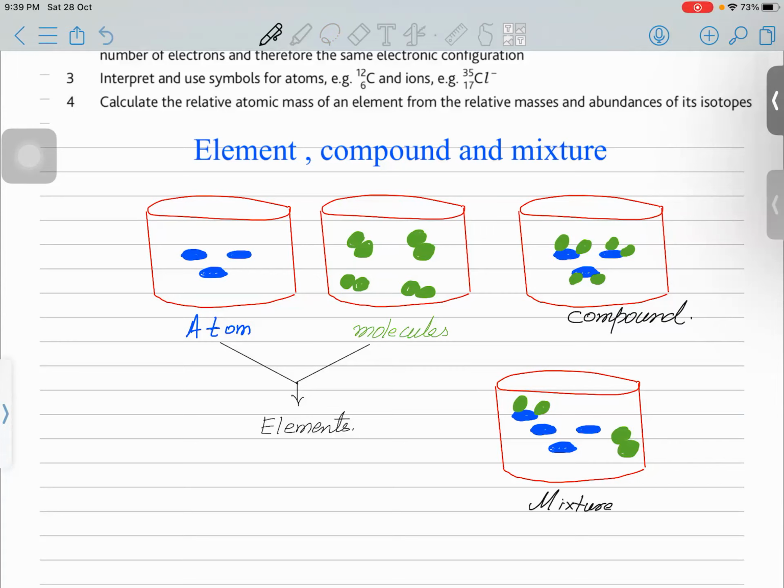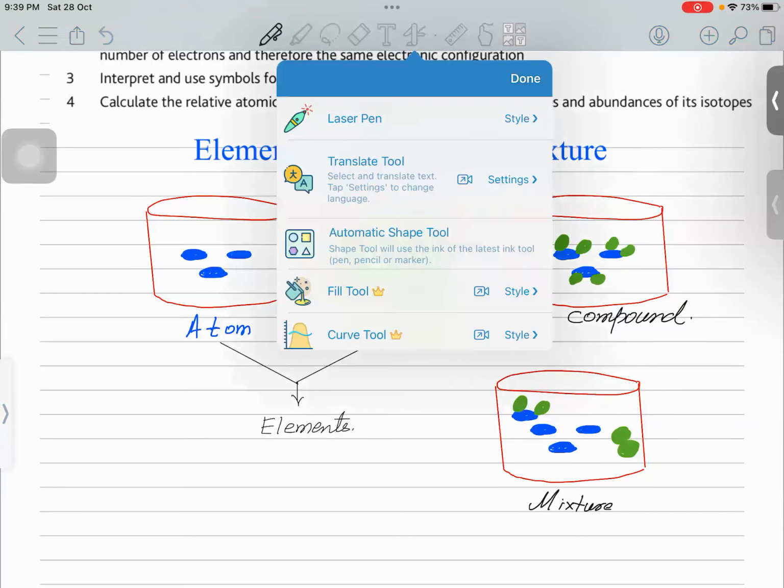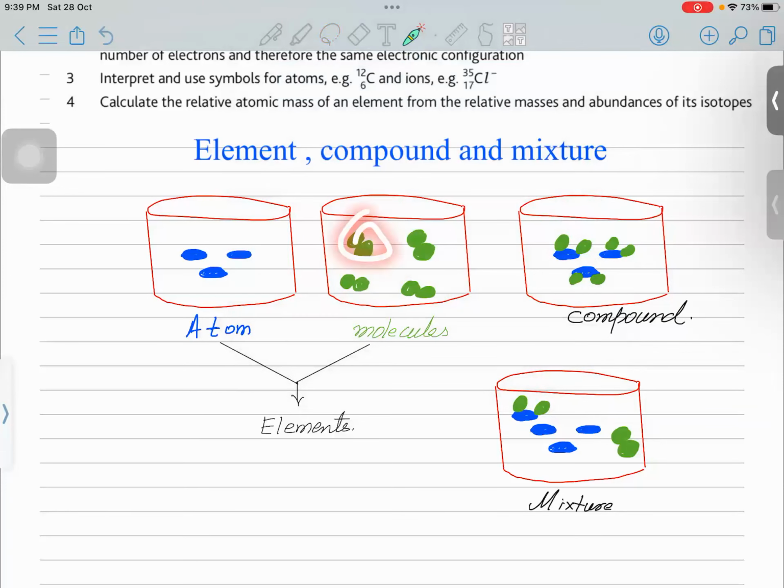Here you have some atoms, some molecules. Atoms and molecules are of the same type, so it is an element. If one and one, these two combined, this is called a compound. If you have this one and this one, it is called a mixture.